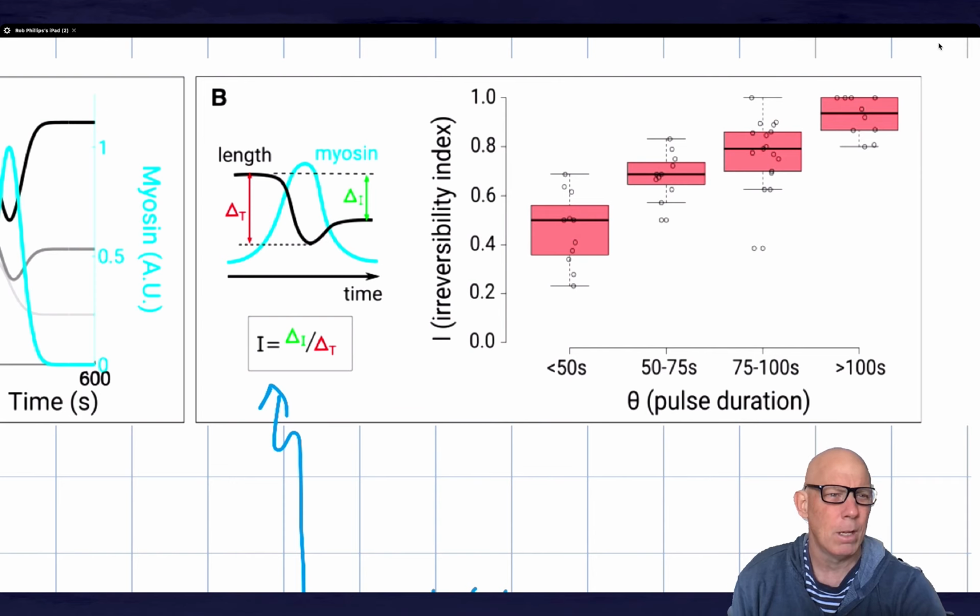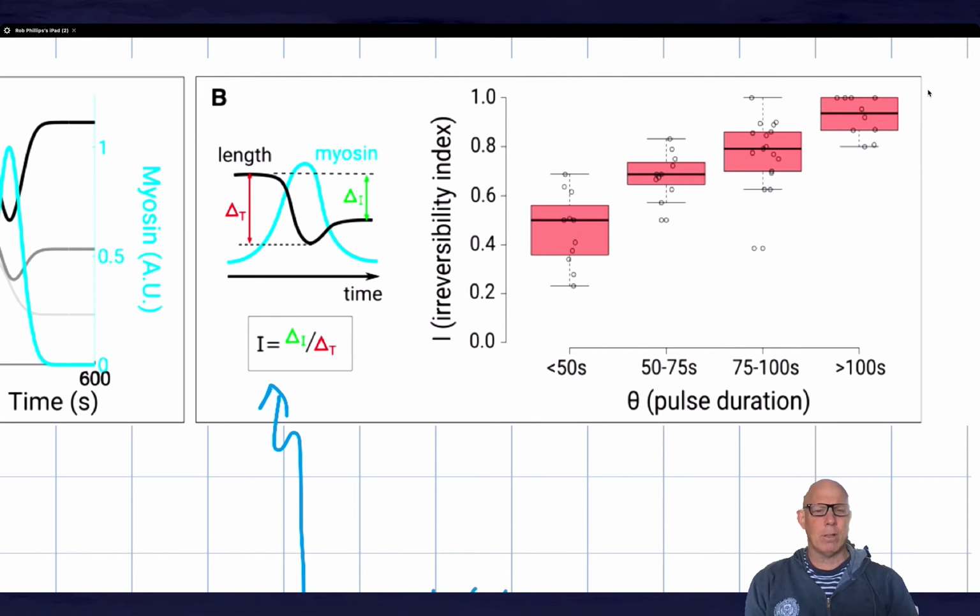What they're trying to do here is get a measure of how irreversible things are, and that's what's shown in this right-hand graph. By changing pulse duration, they're changing the relative timescales of dissipation and of the loading, and that moves you from the elastic to the viscous regime.